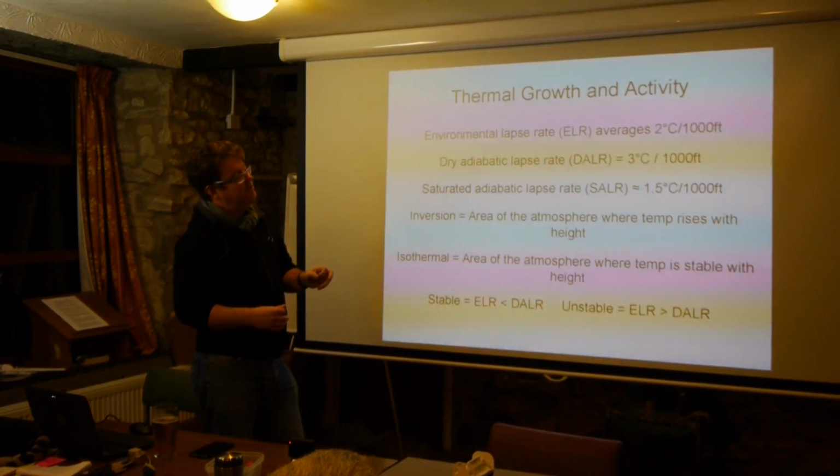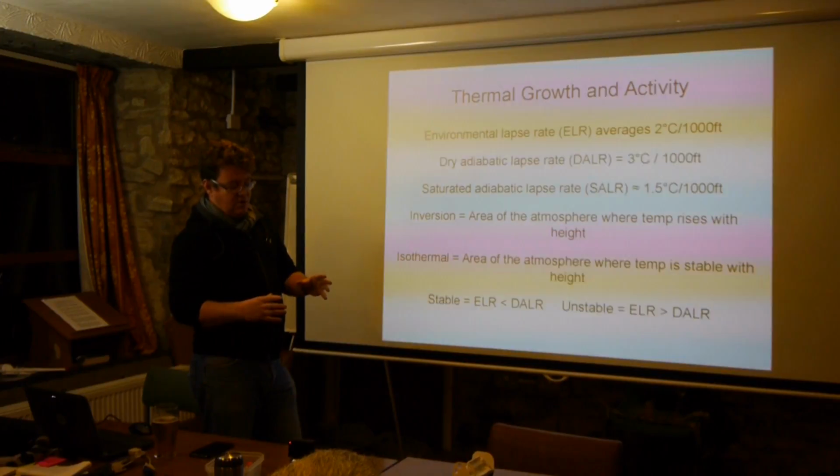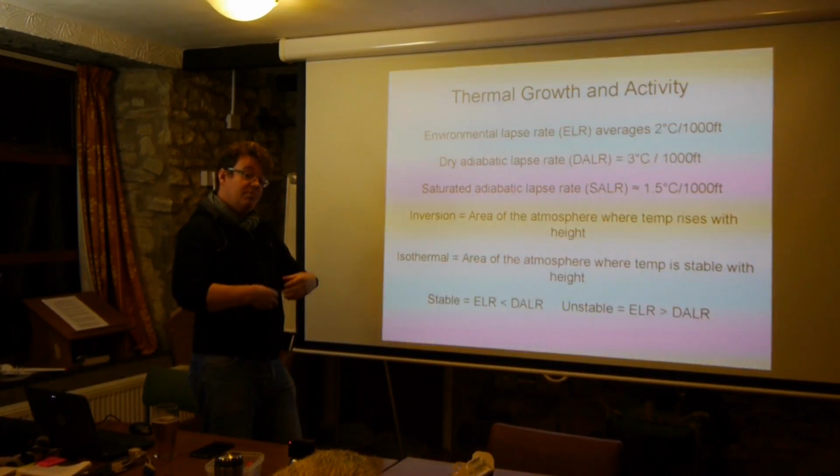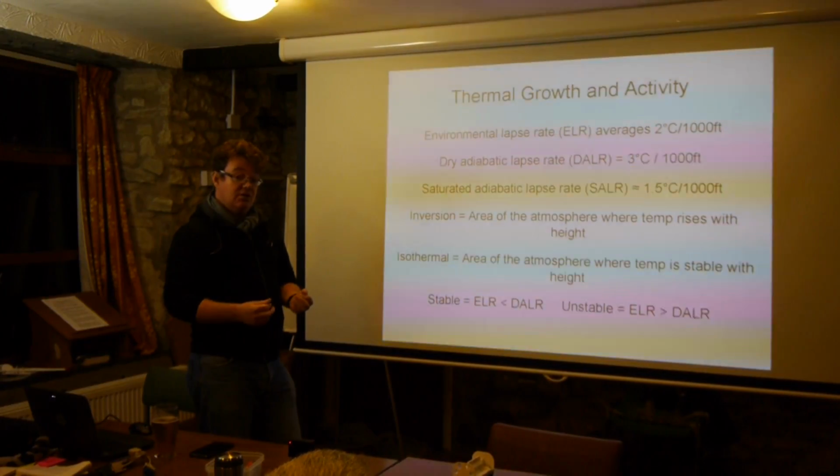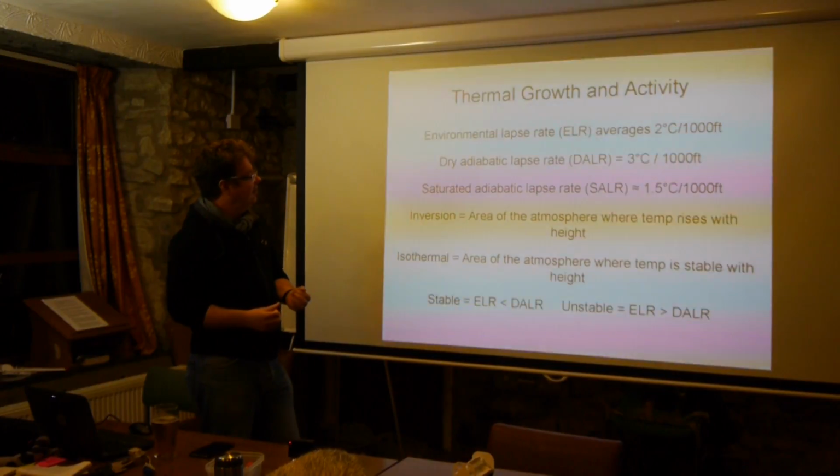It's 1.5 degrees centigrade per 1,000 feet rather than 3 degrees centigrade per 1,000 feet, and that's basically because some energy is recovered, is put back into the air by the condensation that's occurring. It's called the latent heat of condensation, I think, from my memory.